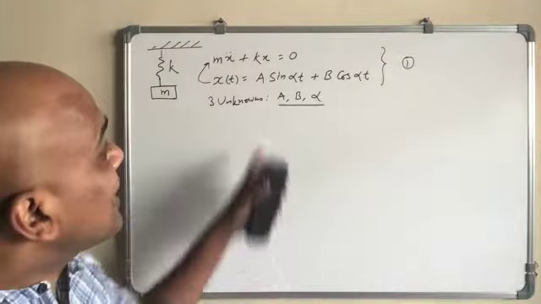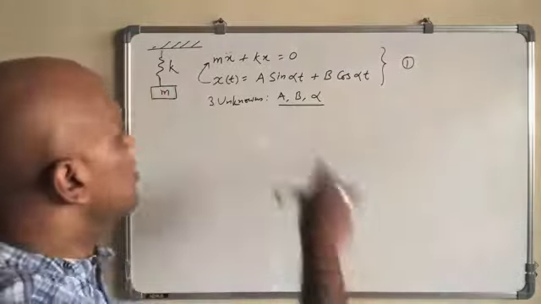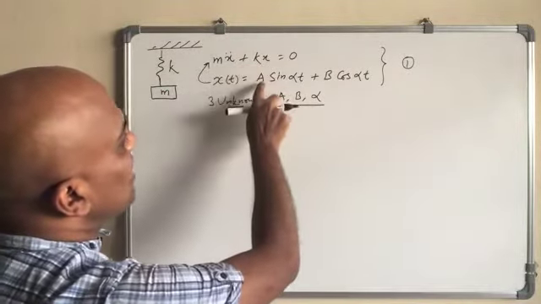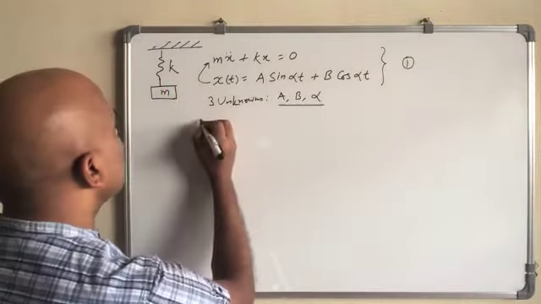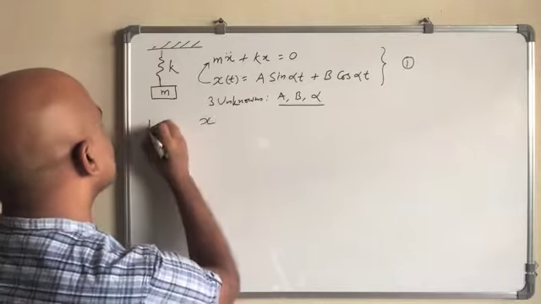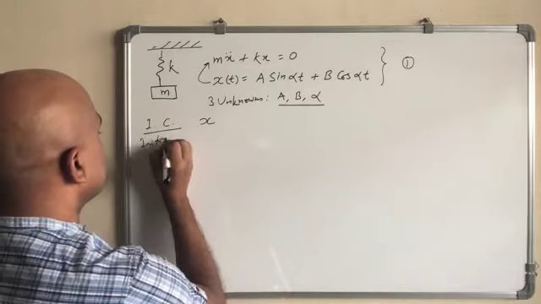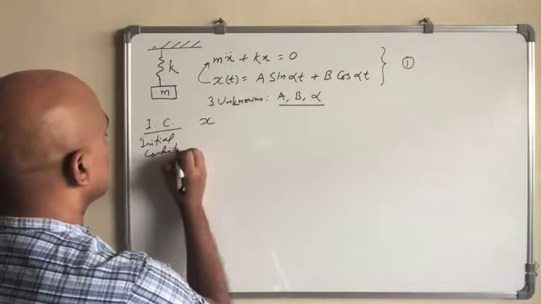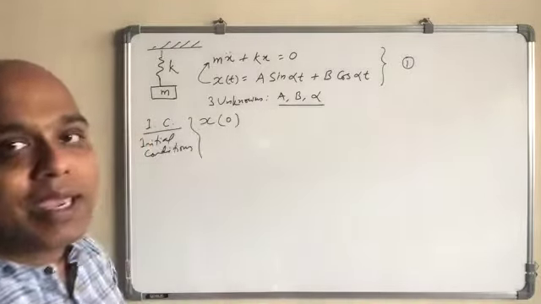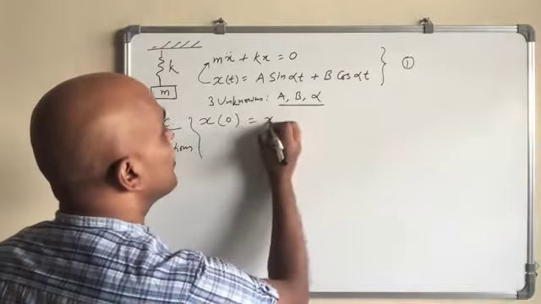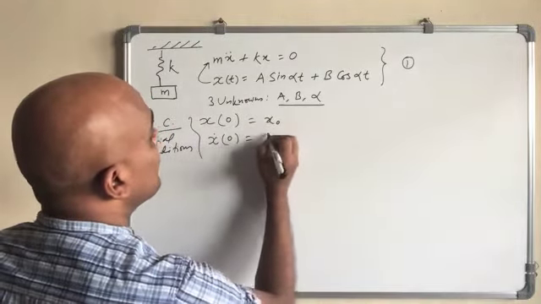Now there are three unknowns, so we need three equations basically. One equation is this one, which has a, alpha, b. The second and third equations will be the initial conditions. Here we will say x at t equal to 0 is some value x naught, and x dot at t equal to 0 is v naught.